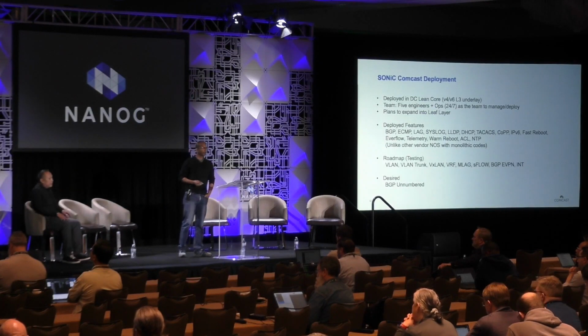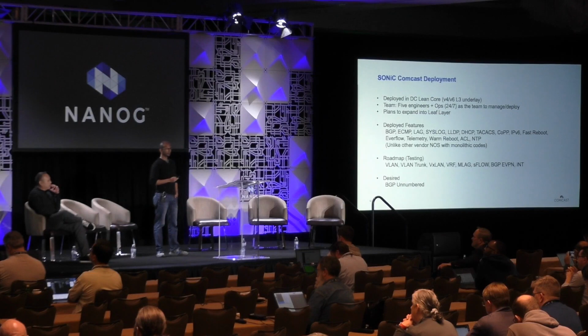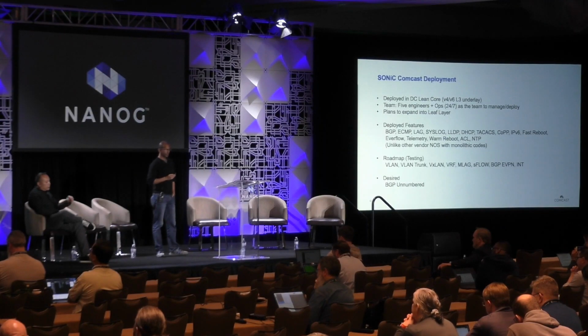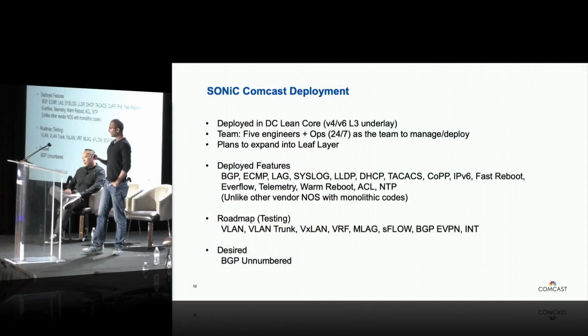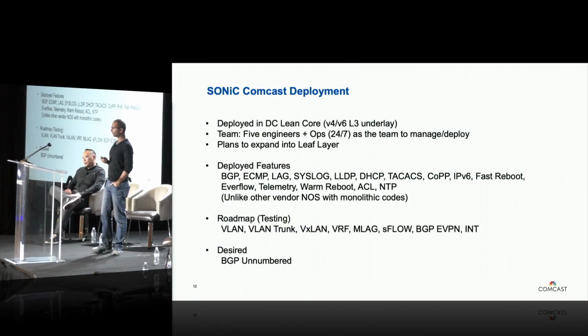Okay, so where are we deploying SONiC at Comcast? We're taking a phased approach, starting from the DC core that we have in more detail in the following slides. The team is 5 engineers, and that includes our new boss as well, plus a 24/7 operations team. We do have plans to extend it into lower layers and enable more features later.